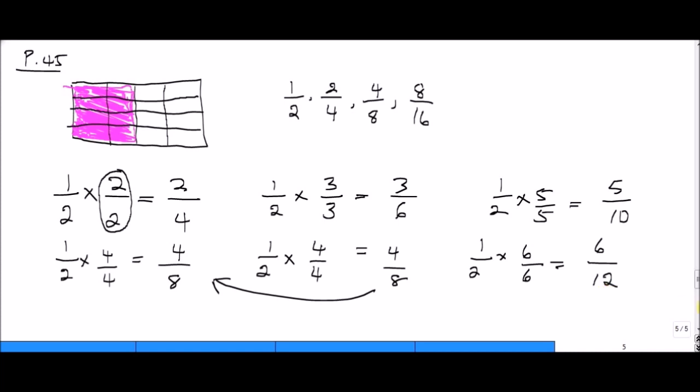Let us move on now and look at exercise 1. And they have done example 1 for us already, so we'll only look at example number 2. We're looking at number 2 on page 45.